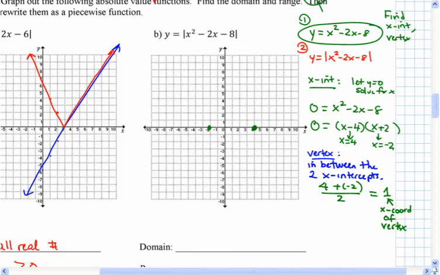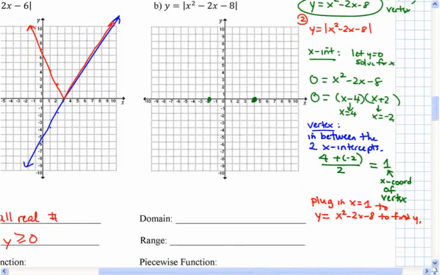Okay. Now, how do we find the y coordinate again? Plug in x equal to 1 into the equation y equals x squared minus 2x minus 8 to find y. 1 squared minus 2 times 1 minus 8 equals negative 9.